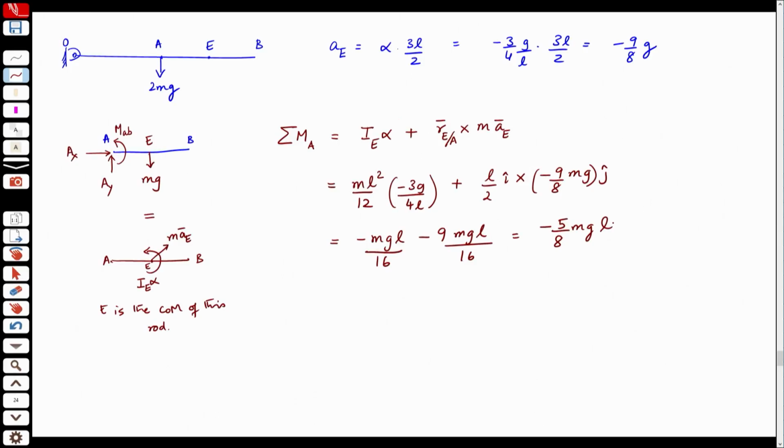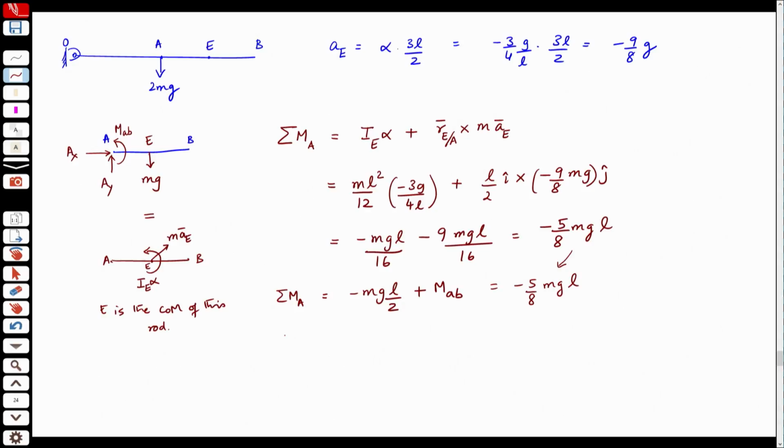So, this is minus 5 by 8 mgl, and then from this free body diagram, sigma M is equal to minus mg L by 2 plus M_AB. Using these two, and this is equal to from here minus 5 by 8 mgl.